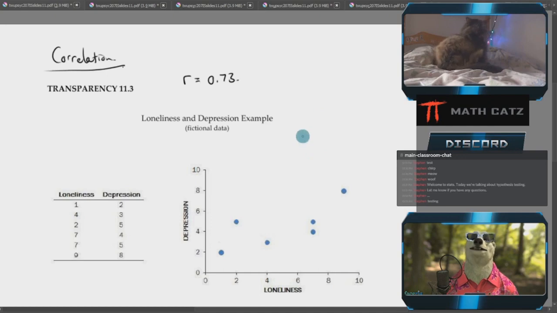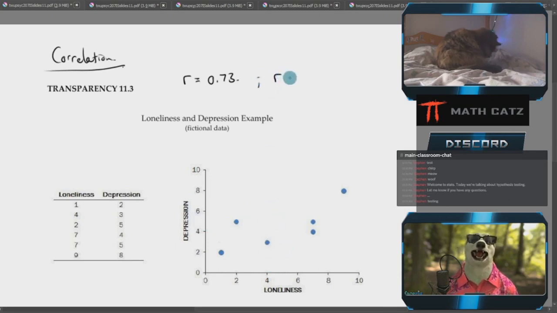Now, of course, loneliness and depression, according to this, seem to be related to each other. But of course, they're related to other things as well. Other things could affect depression, maybe your financial situation. Other things could be affecting loneliness and therefore affecting the relationship between these two as well.